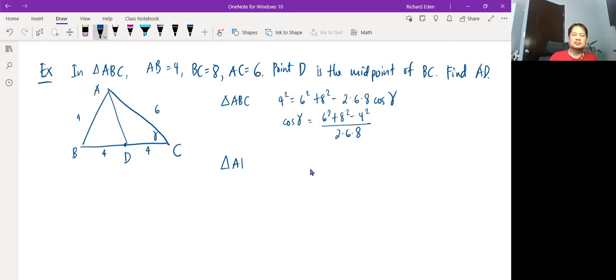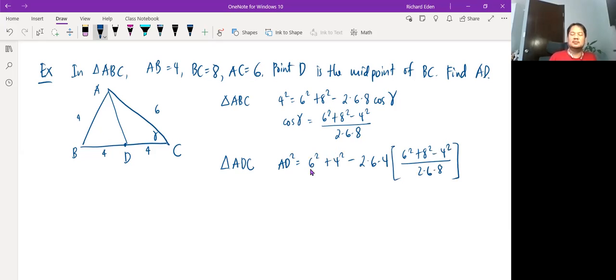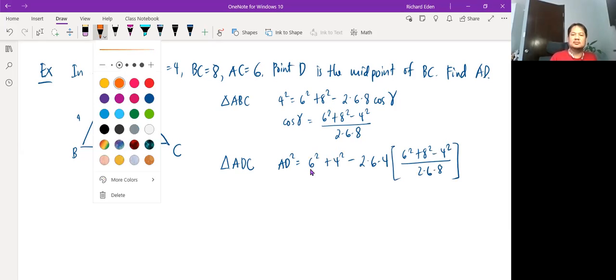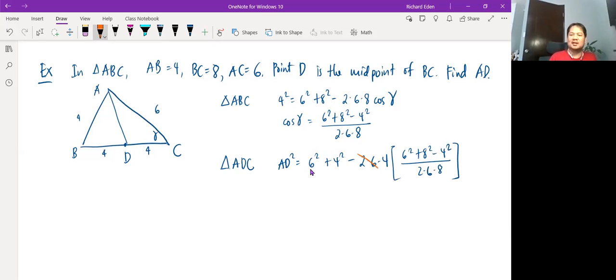ACD. So AD squared equals 6 squared plus 4 squared minus 2 times 6 times 4 times cosine gamma. But cosine gamma is 6 squared plus 8 squared minus 4 squared over 2 times 6 times 8, which is 7/8.